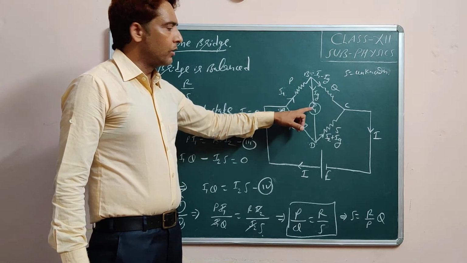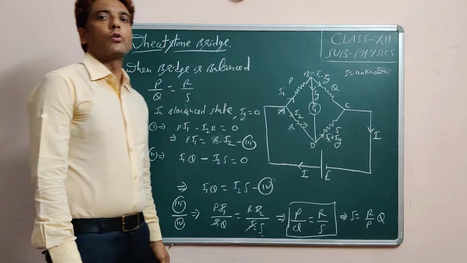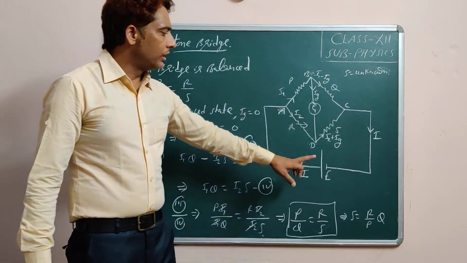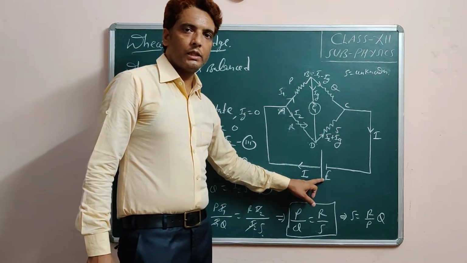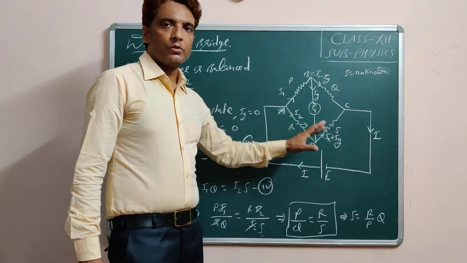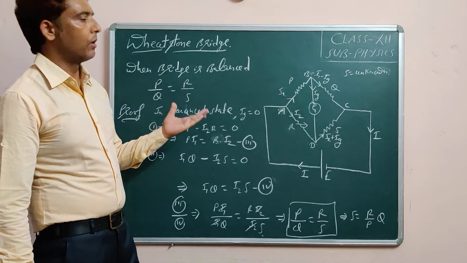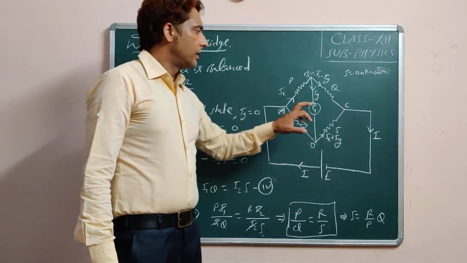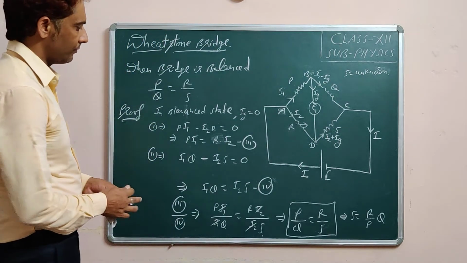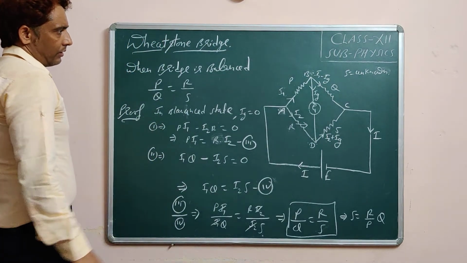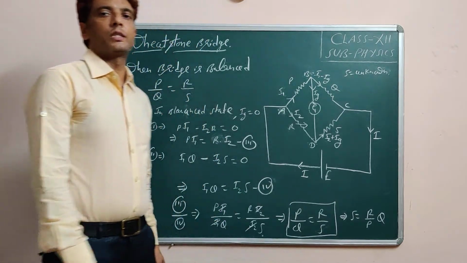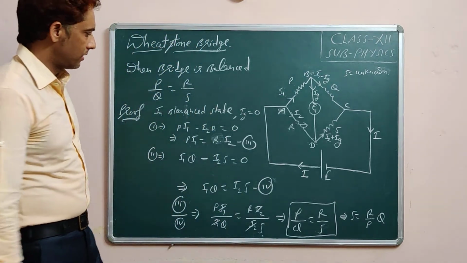So the resistance of the galvanometer will not contribute in the measurement of S. Also the internal resistance of this cell will not contribute to the value of S. So that's why it is an ideal method of measurement of this unknown resistance. The practical form of Wheatstone bridge is the meter bridge. We will discuss that in the next class.